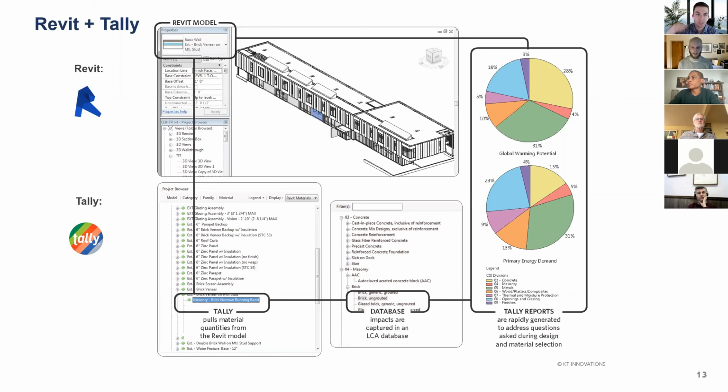So the tool really tells you and gives you options in terms of, for example, stud spacing, gauge options for studs, rebar, amounts of rebar in different concrete elements, etc. And then finally on the right, you again get similar diagrams in terms of the global warming potential and the distributions between CSI divisions, as well as different elements within the building.